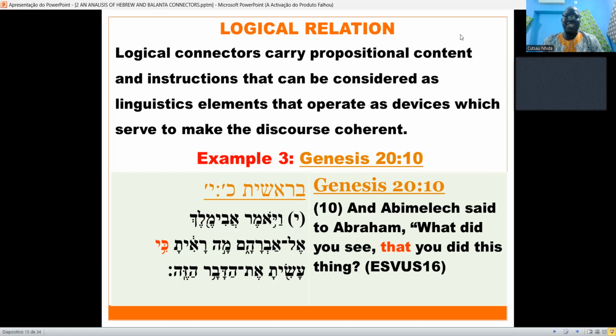For example, in Genesis 20 verse 10, it is read, Vayomer Avimelech el Abraham, Marahita ki asita et hadavar hazeh. And Abimelech said to Abraham, what did you see that you did this thing?